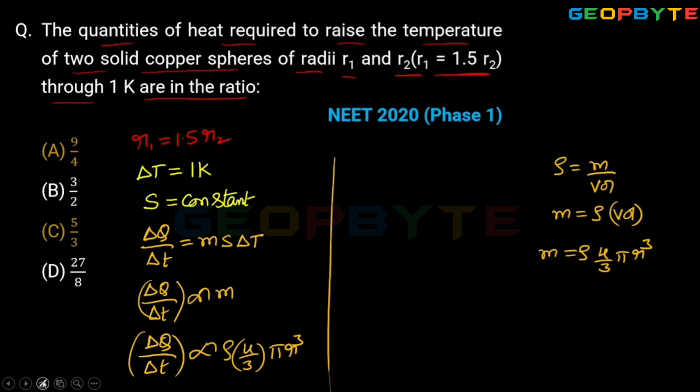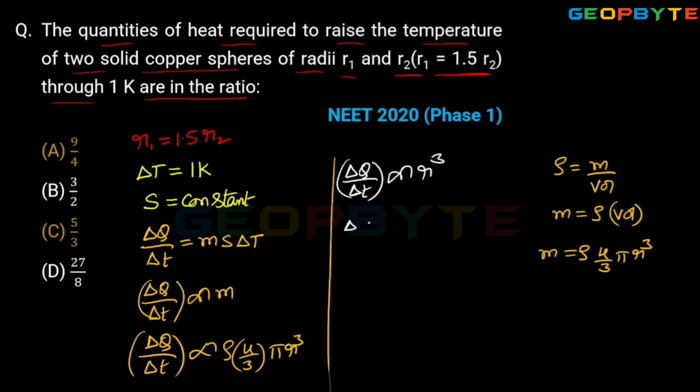From this, I can write that the heat Q is proportional to r cube only, because rho remains constant and 4 by 3 pi is also constant.